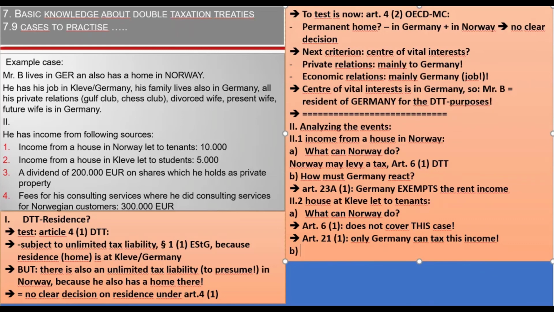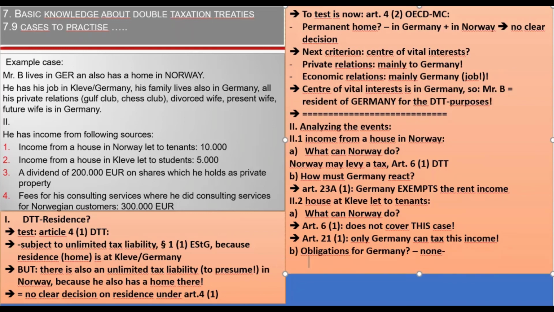B. Obligations for Germany to avoid double taxation: none. Article 23a does not apply because that is only reserved for cases when the other state, the source state, may levy a tax, but it may not. 2.3.